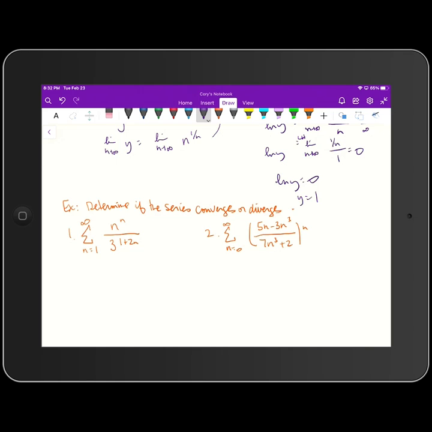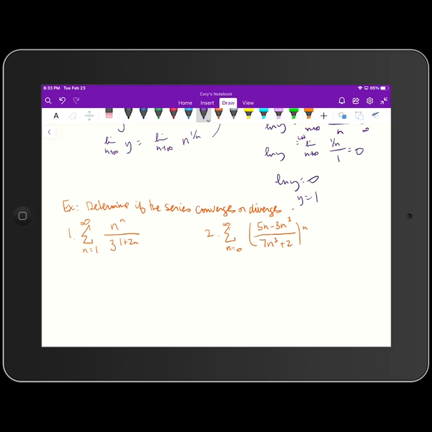Also, when I look at the denominator, both the numerator and denominator have exponential expressions involving n. So when I take the nth root of the absolute value of that formula, that's usually going to eliminate some of the n's in the exponent.